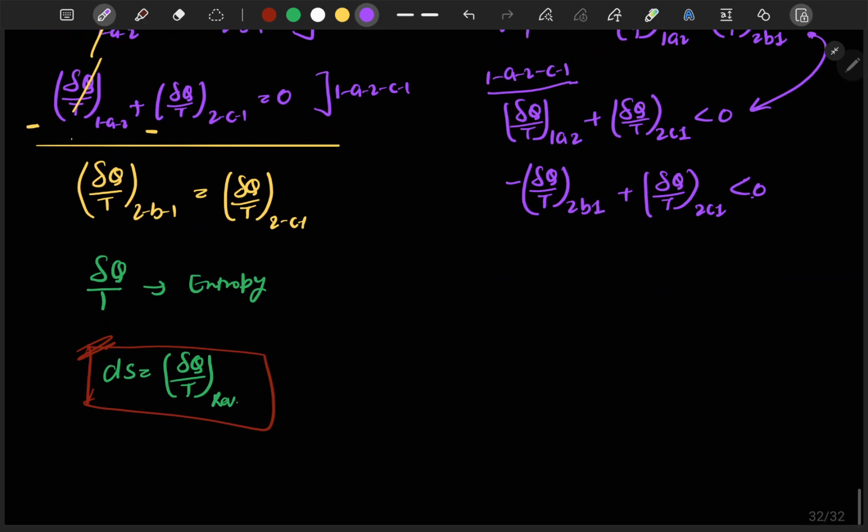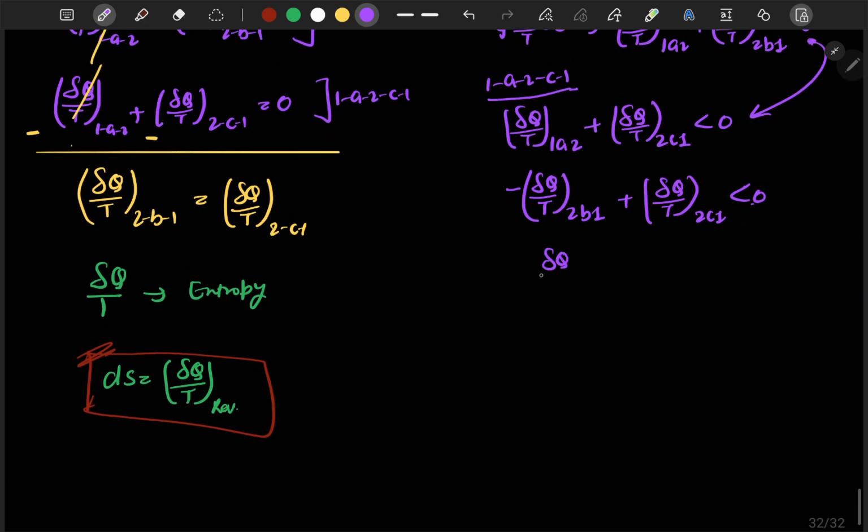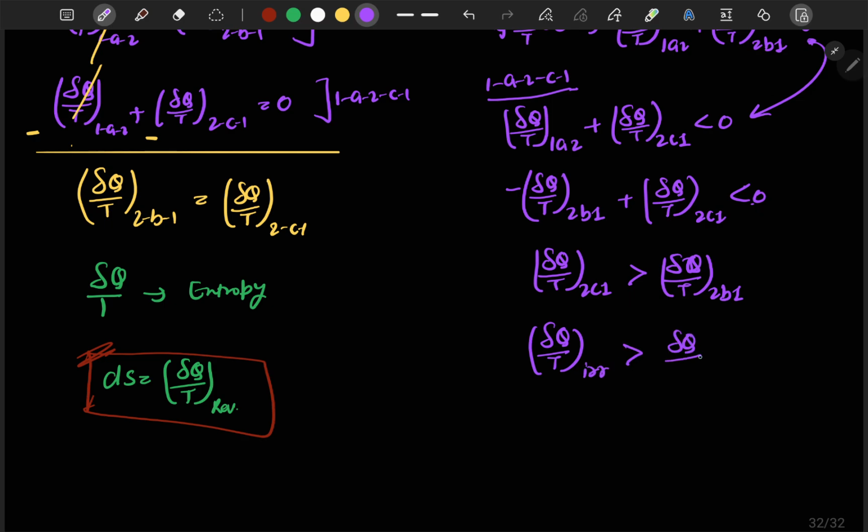So from here we can say that del q by T for 2C1 is less than del q by T for 2B1. Now this process 2C1 is irreversible, so from here we can also say del q by T for irreversible is less than del q by T for reversible, since process 2B1 is reversible.